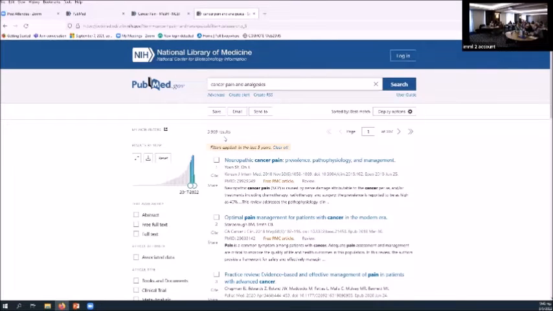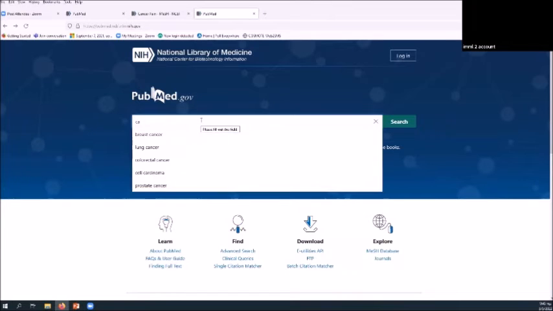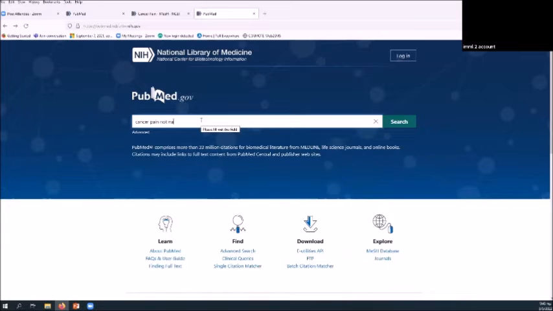The results are narrowed. We are only at around 4,000. And then we go back to see what is happening when we put not: cancer pain, not cancer.